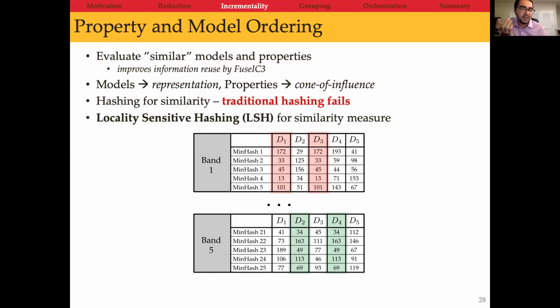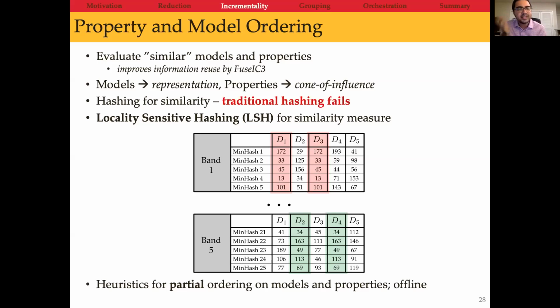And for properties, all the support variables, by that I mean all the registers and inputs in the cone of influence of the particular property, can be organized into a structured document, and then we can use hashing to find similarities between the cones of influence of properties.